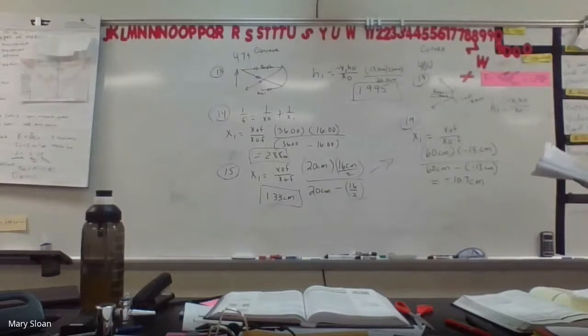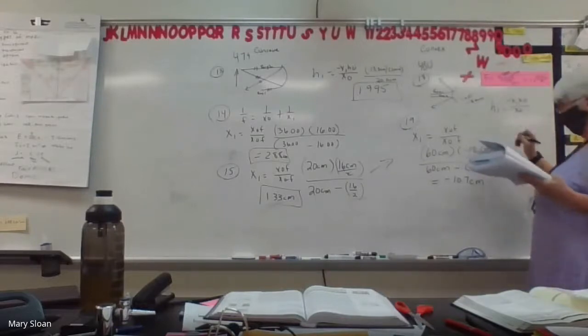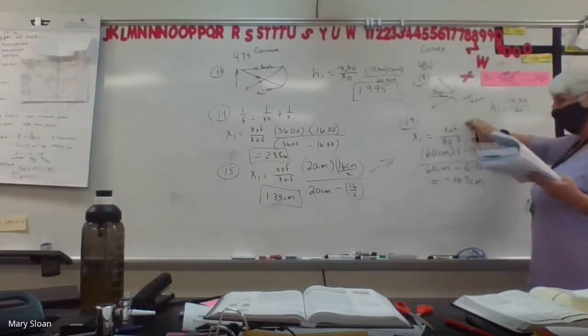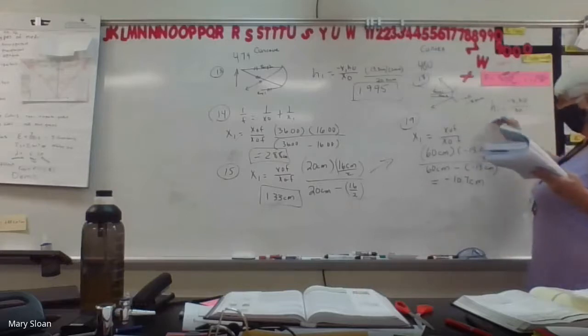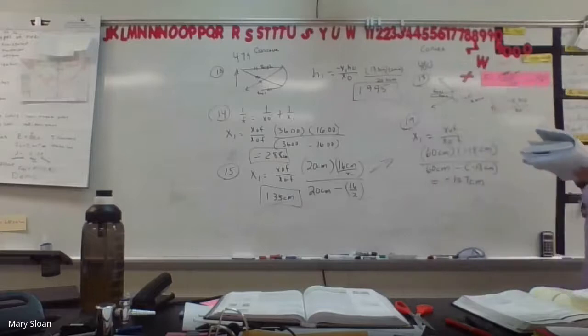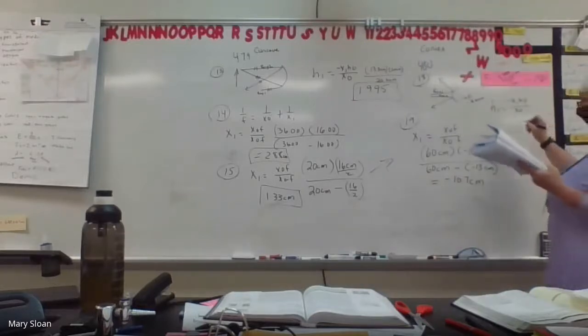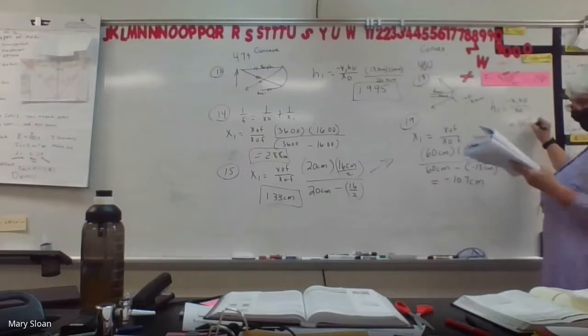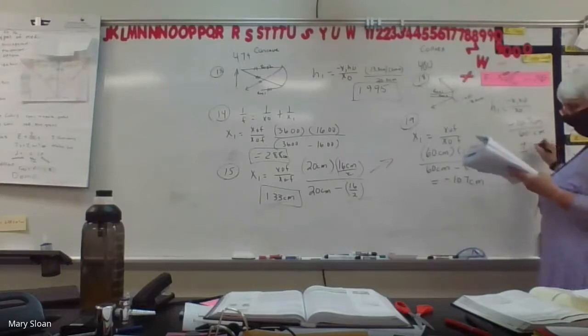This and this go together. This and this go together. Negative 10.7 centimeters over 60 centimeters. When you do the math, you get plus or negative 1.78.